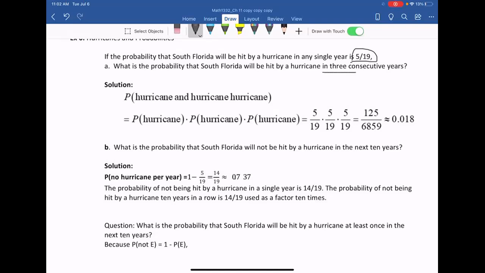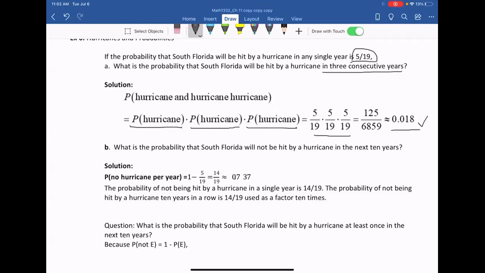I already have the solution here. The probability is P of hurricane times P of hurricane times P of hurricane for 3 consecutive years, so we multiply 5 over 19 three times together.